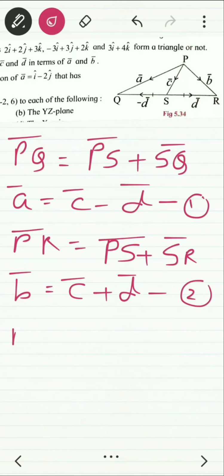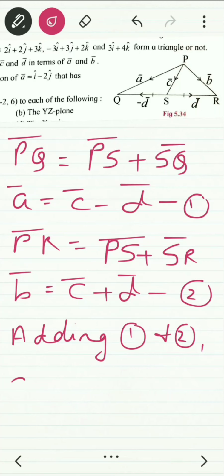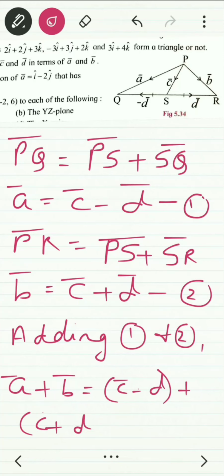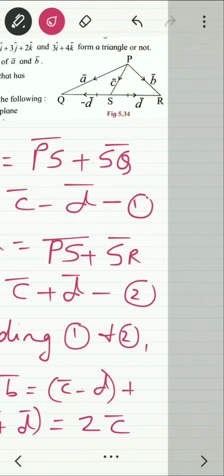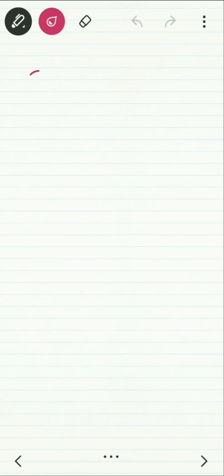Now adding 1 and 2, we have A plus B is equal to C minus D plus C plus D. So D goes away, and we have 2 C bar. Thus we can write that C bar is equal to half of A plus B, that is A plus B by 2.